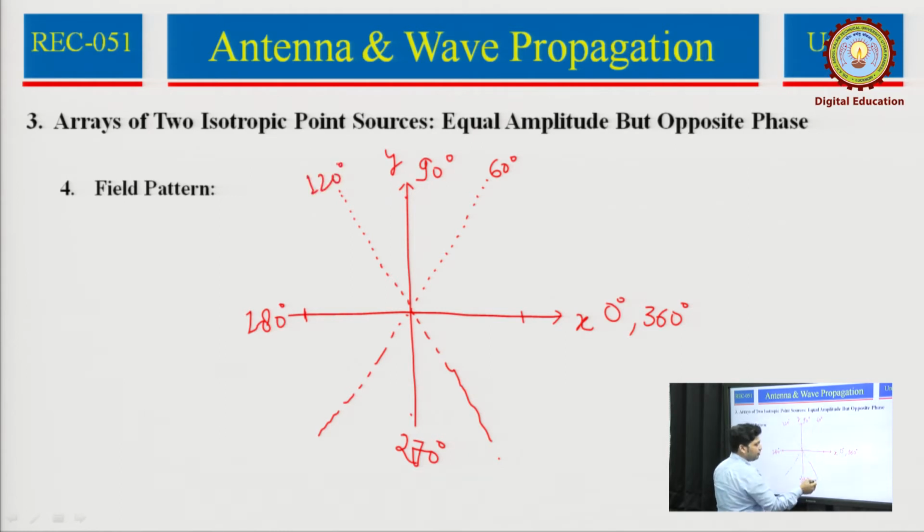Plus 60, then obviously it is minus 60, or we can say 330 degree. You can simplify it, and this is minus 120 degree. So, we have plotted these.